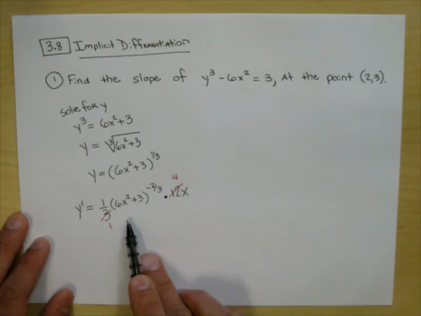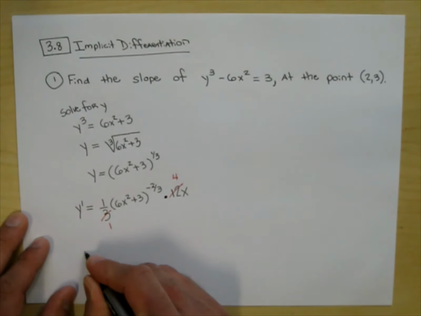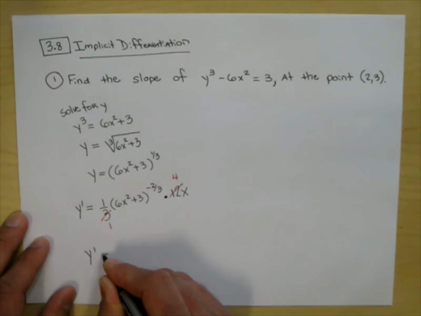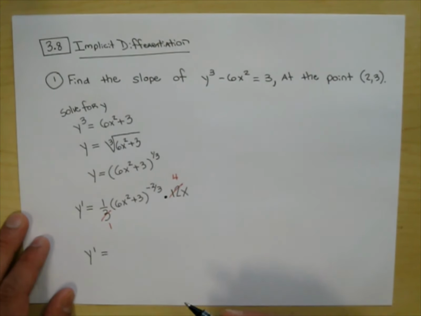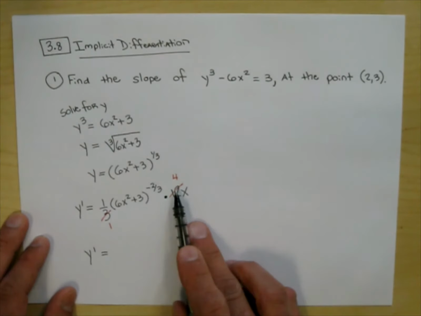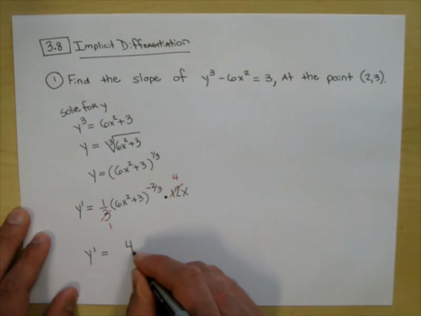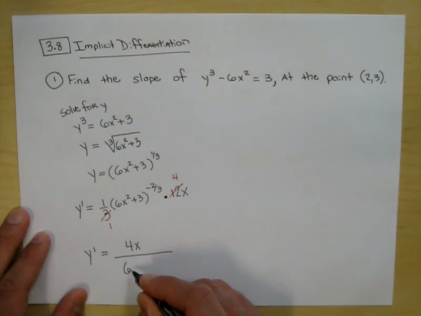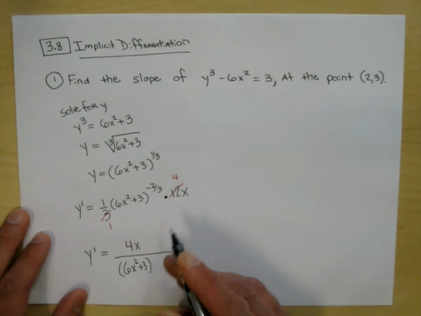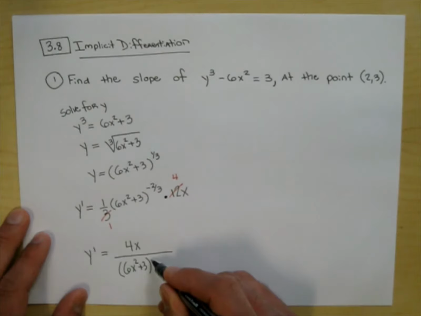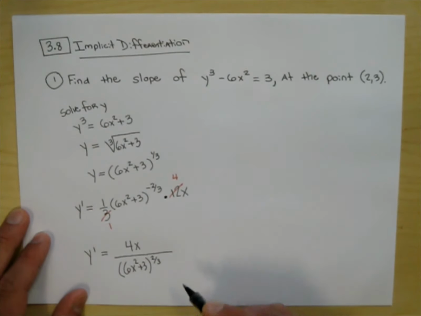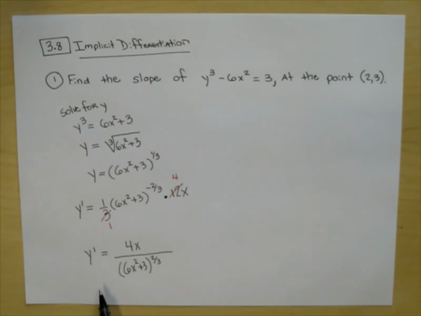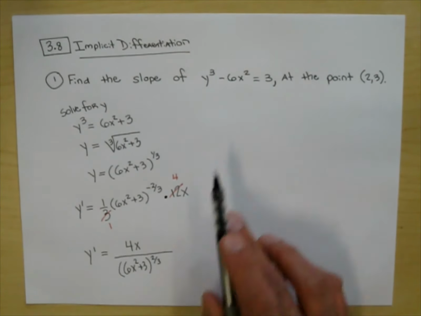And this has a negative exponent, so it's good practice, in this class at least, to express your answers with positive exponents. So I have a 4x on the top of the fraction, and on the bottom we have (6x squared plus 3), cross the line, change the sign, raised to the 2/3 power. This is my slope function, and this will tell me the slope at any point on this function.